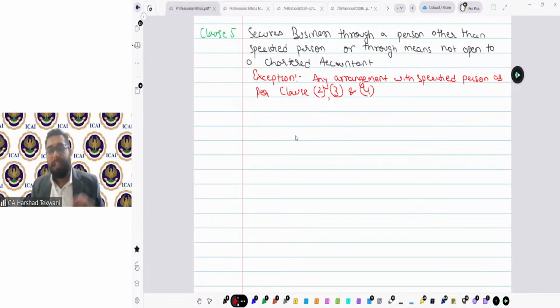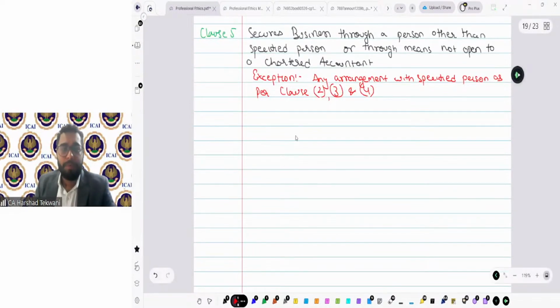Then comes clause 6, where a chartered accountant in practice solicits clients or professional work, either directly or indirectly, by circular, advertisement, personal communication, interview, or by any other means which are not open to a chartered accountant.